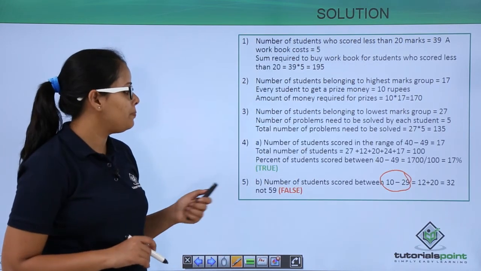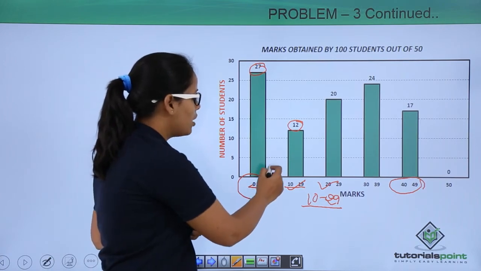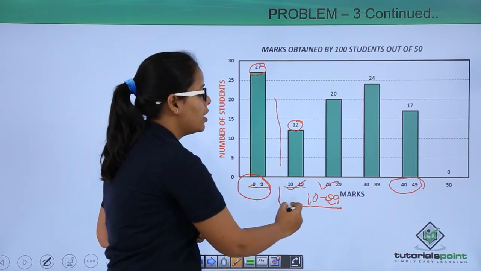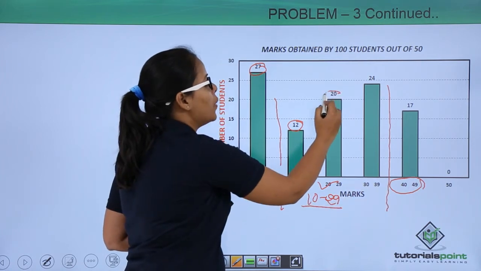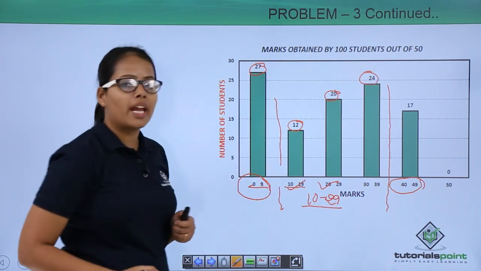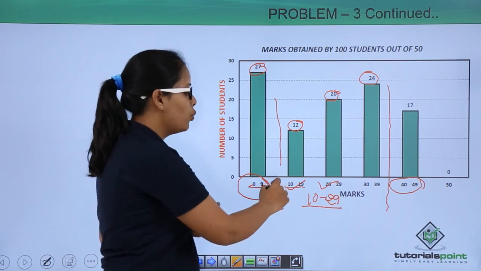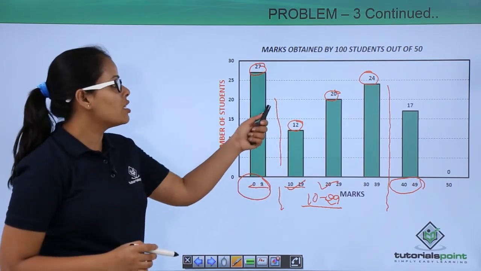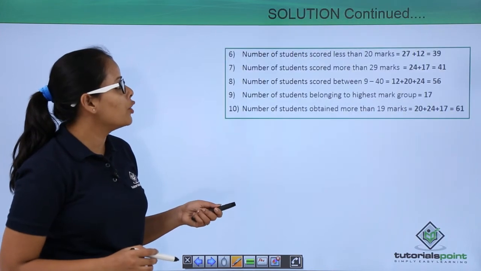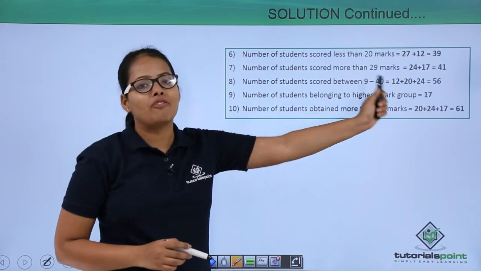In this case, you will consider the range from this 9 to this 40. So you will add 12 plus 20 plus 24 to get the number of students who scored marks from 9 to 40. On summation you will get 56.